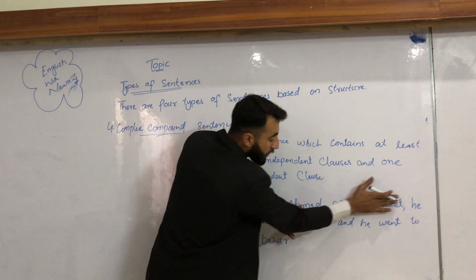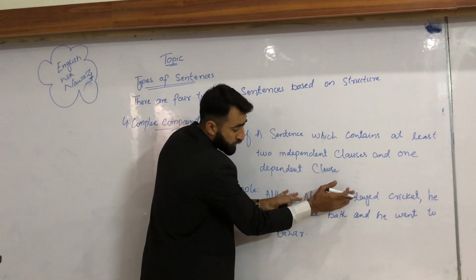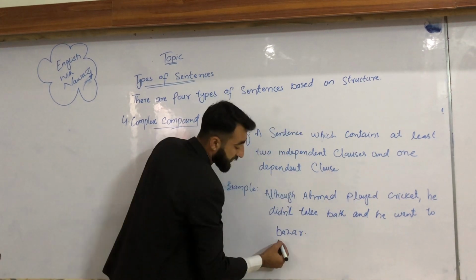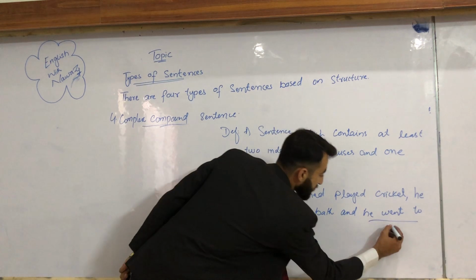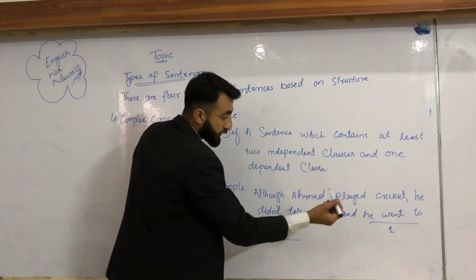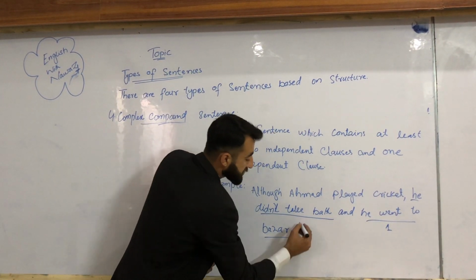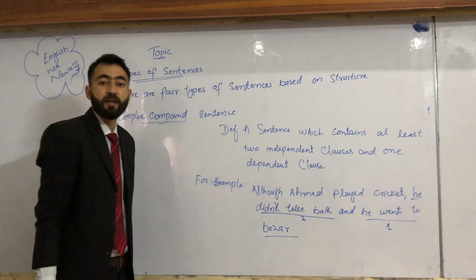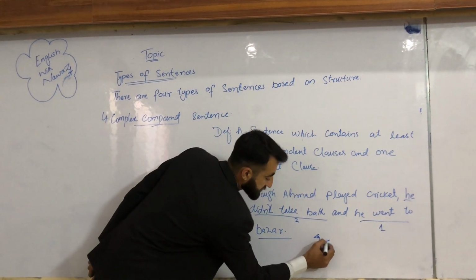If I hide these two clauses, so he went to bazaar is an independent clause. This is the one independent clause. And if we look at this clause, he did not take bath, this becomes the second independent clause. Now we have got two independent clauses.